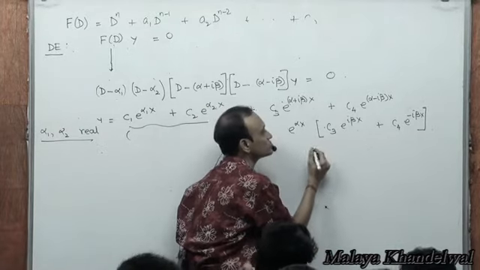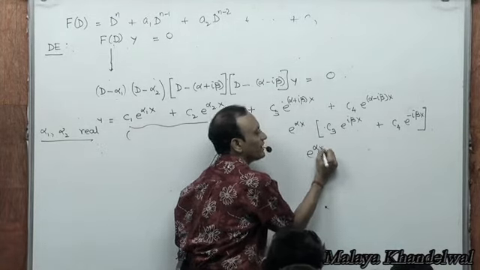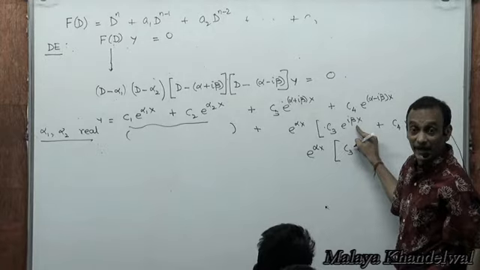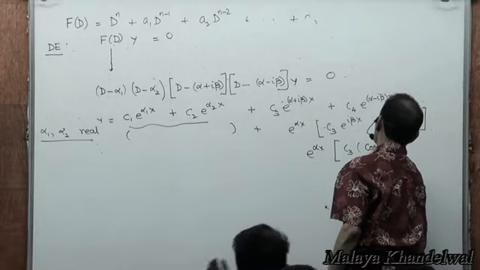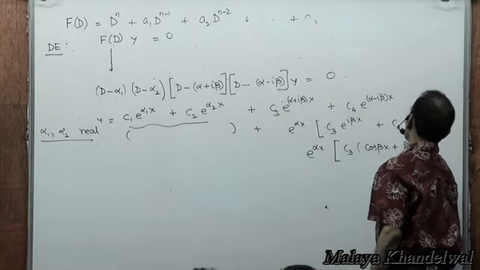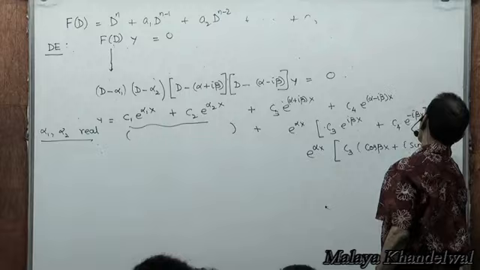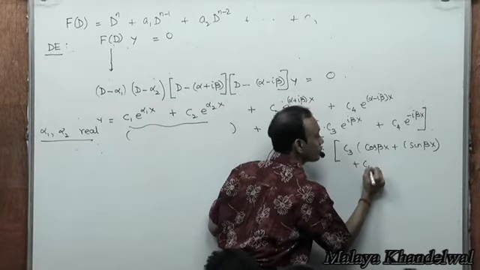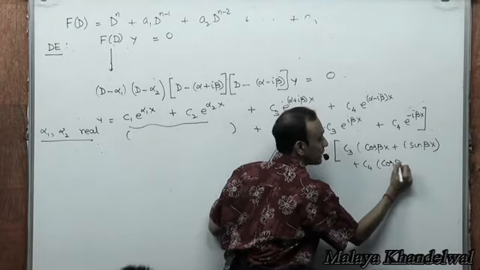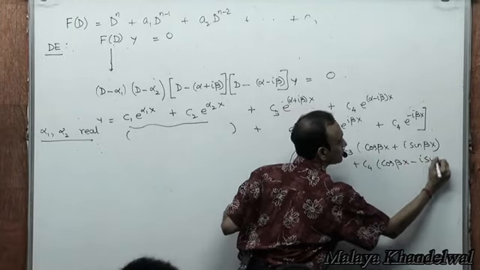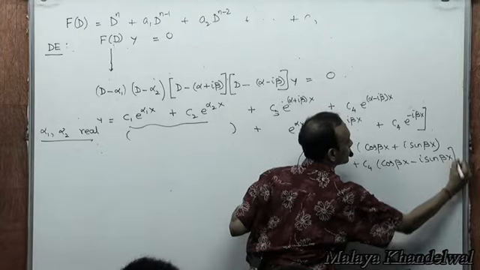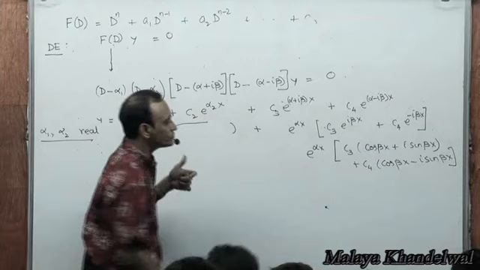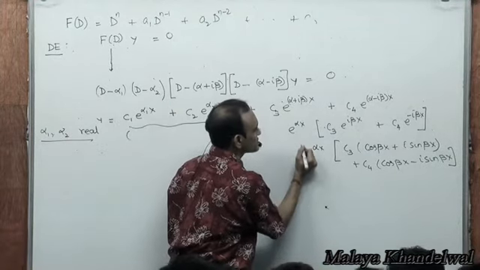Now, just look at these 2 terms. This is e power alpha x, C3 times (cos beta x plus i sin beta x), plus C4 times (cos beta x minus i sin beta x). Everything else remains the same.